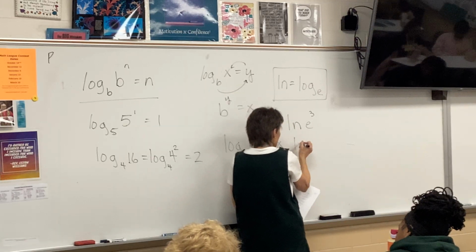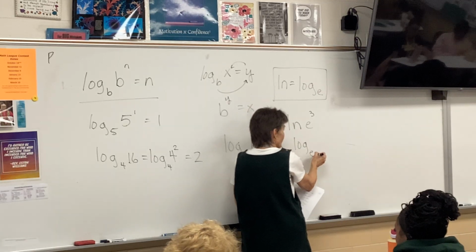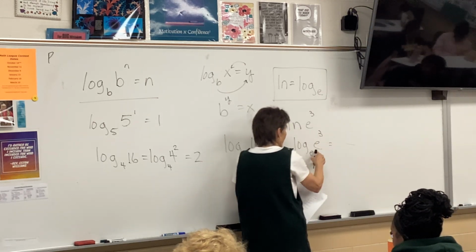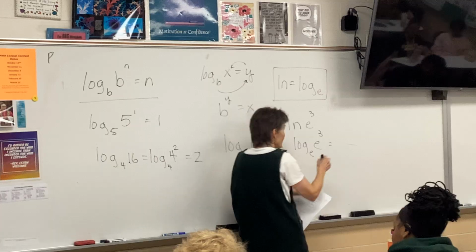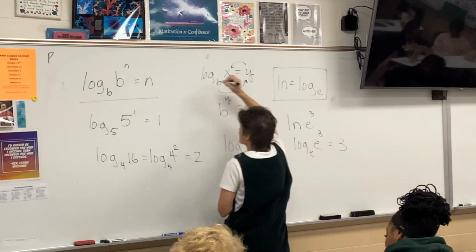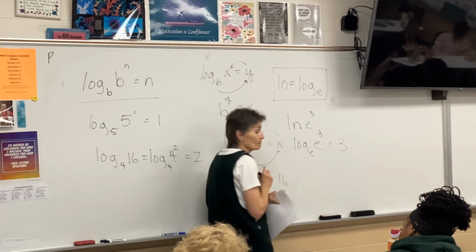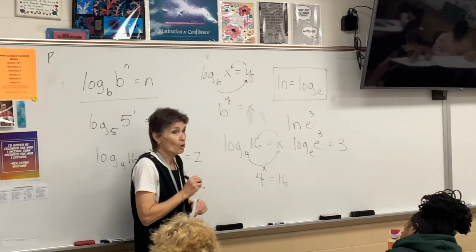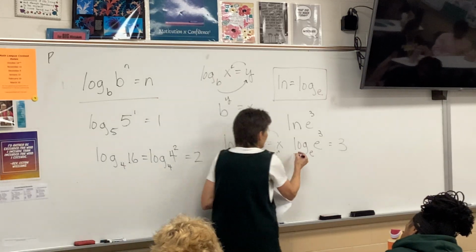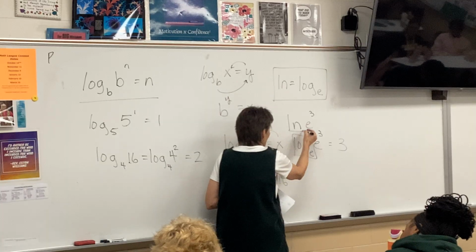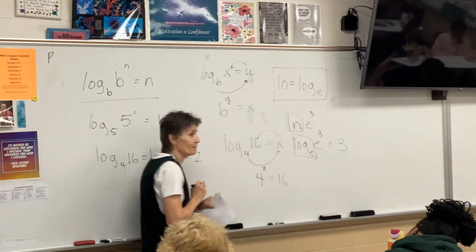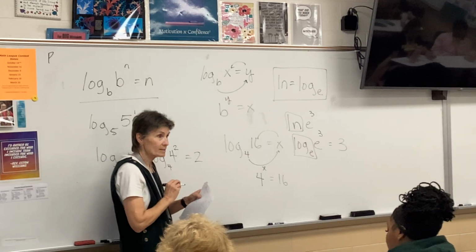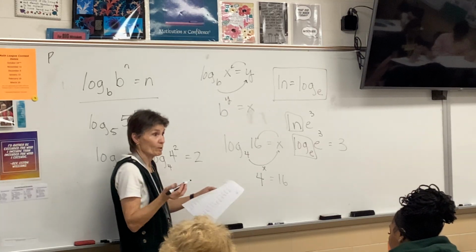Well, ln is log base e. What is log base e of e cubed? 3. That's this property right up here. When you see an ln, don't be afraid to change it to log base e. ln means log base e. So the answer to problem 3 is 3.